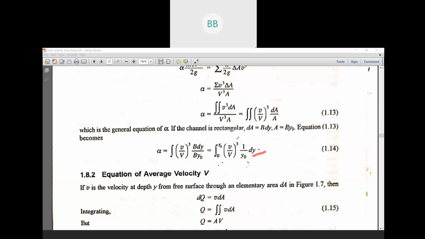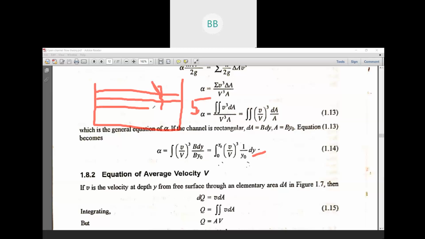And this limit we have already discussed. If the depth of the flow is 5 meter, then if you take a 1 meter section, it will be 5. Depending on how you divide, the ultimate or maximum limit is 5.